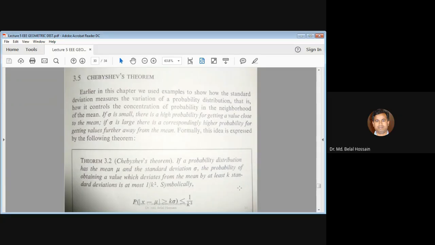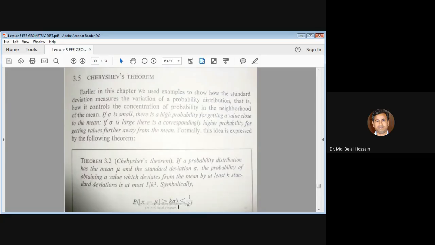So this theorem tells us that if a probability distribution has a mean mu and standard deviation sigma, the probability of obtaining a value which deviates from the mean by at least k standard deviations is at most 1 by k square.